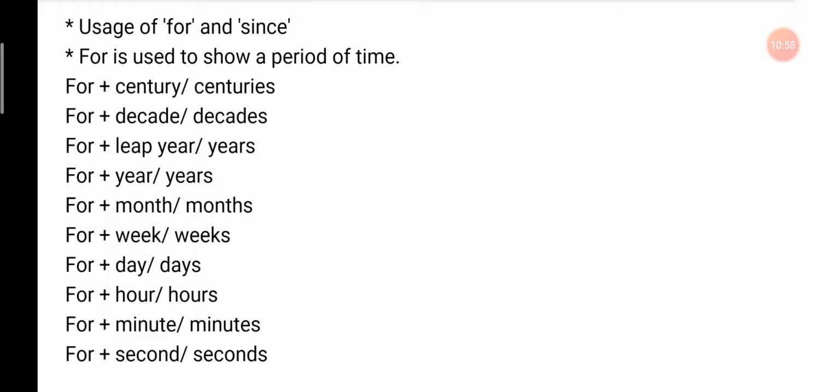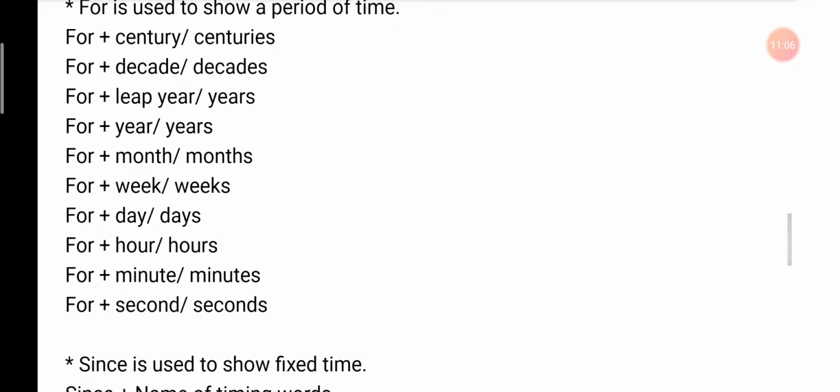For plus century, centuries, decade, decades, leap year, year, years, month, months, week. If that kind of timing word is given, you have to use for instead of since.